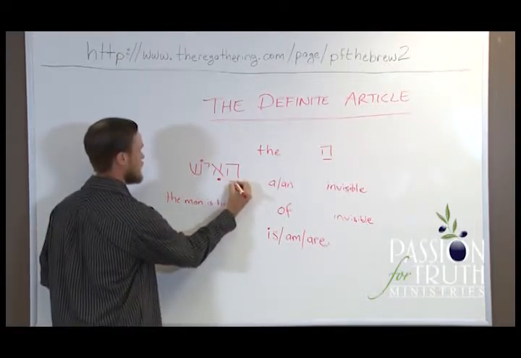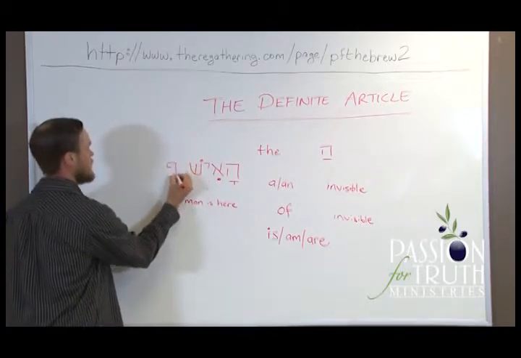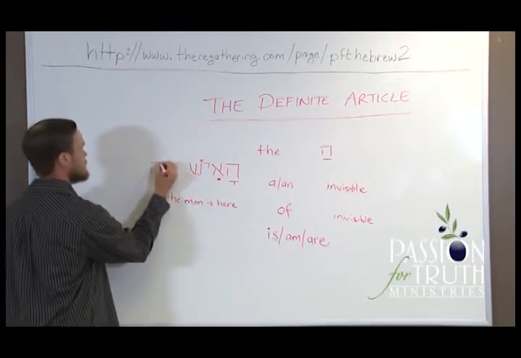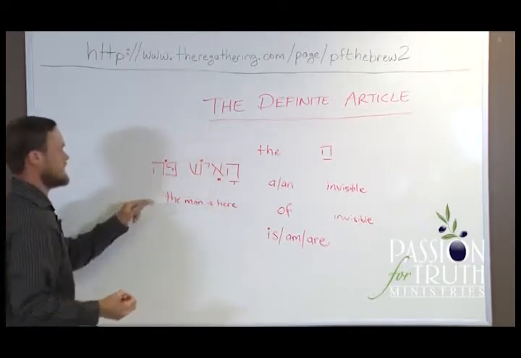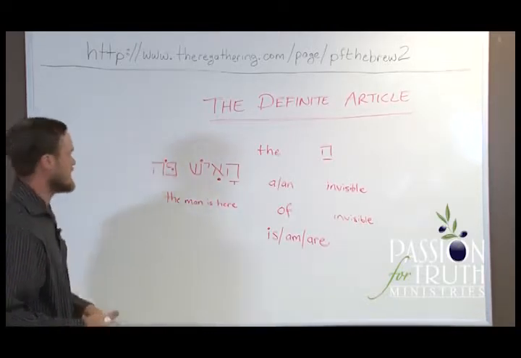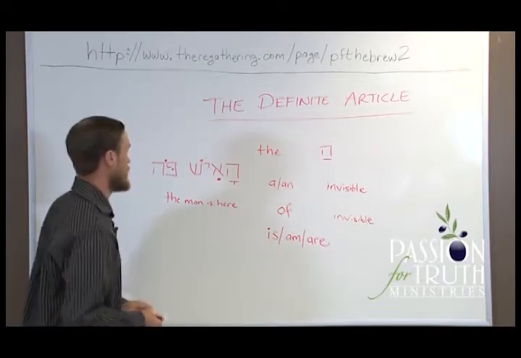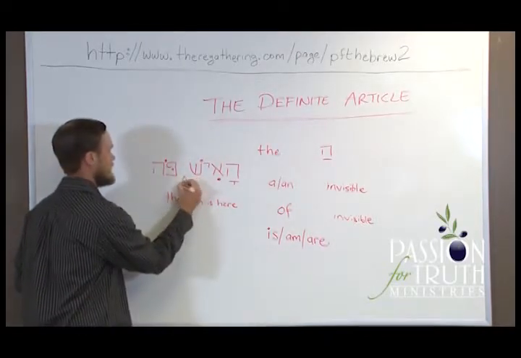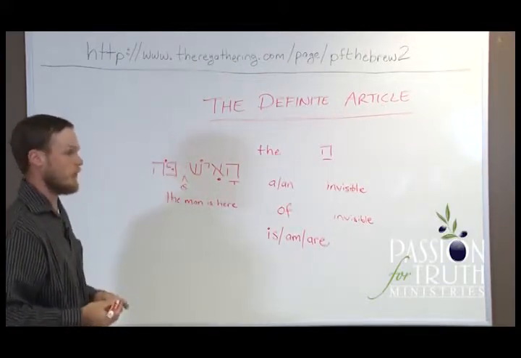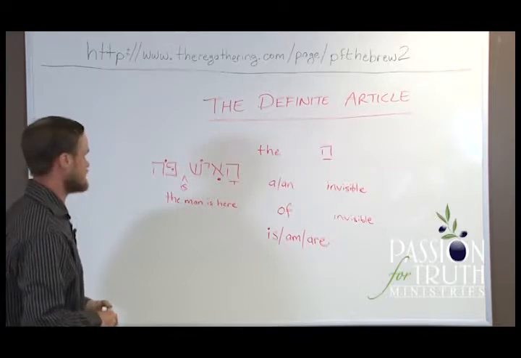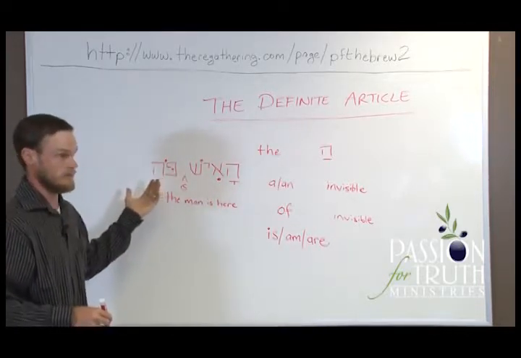We're adding our definite article in front of it, so ha-ish. The word for here is po. Not a word you need to know yet, but po just means here. If you were to translate this literally into English, you'd read the man here. Okay, but is is invisible, but it is thought to be present. Now, the man was here, you would in fact write the word for was.